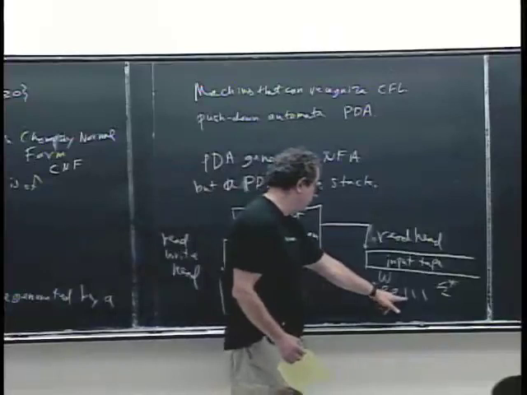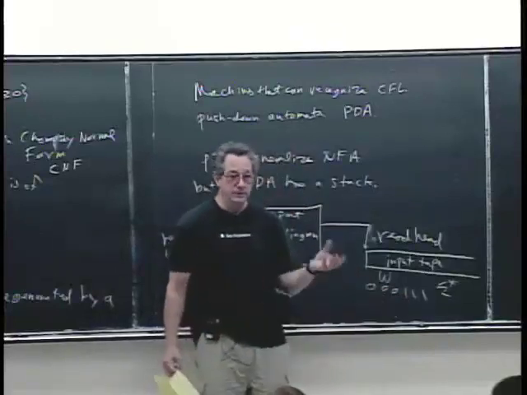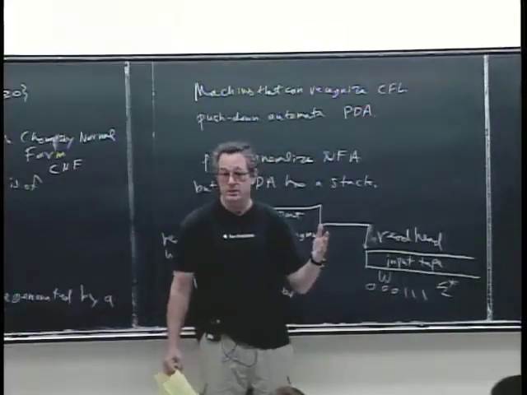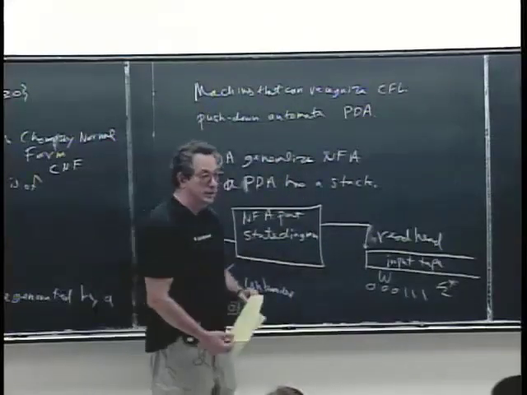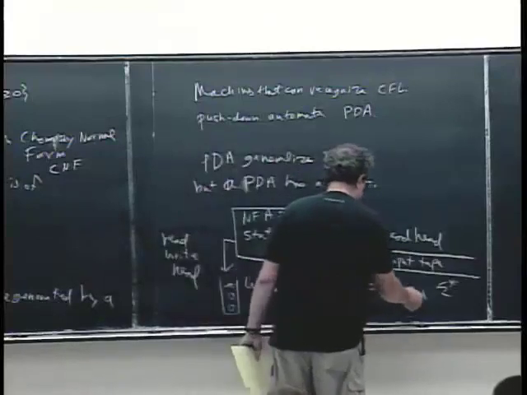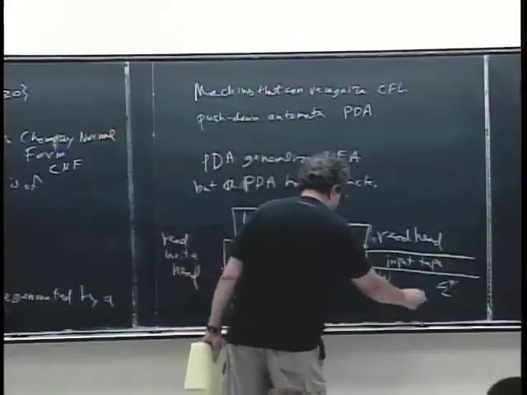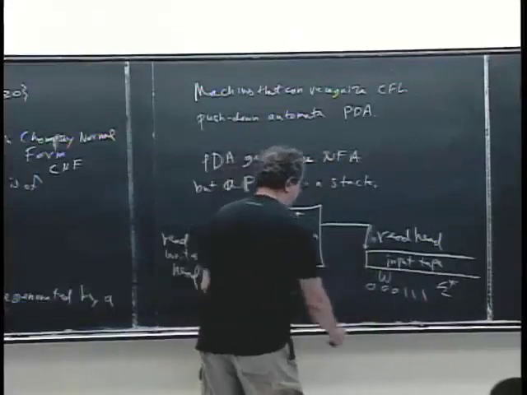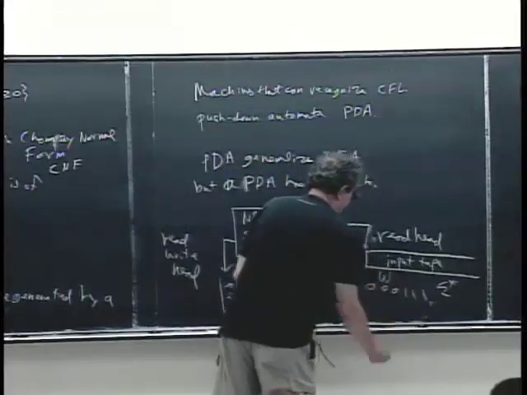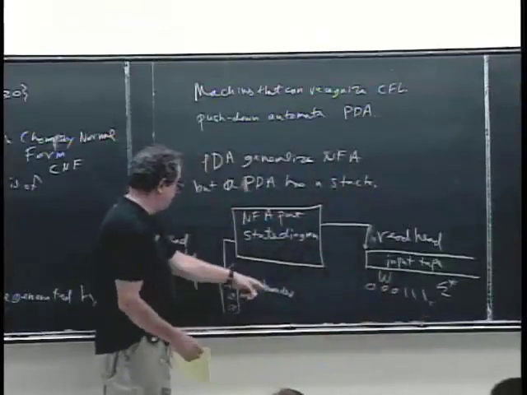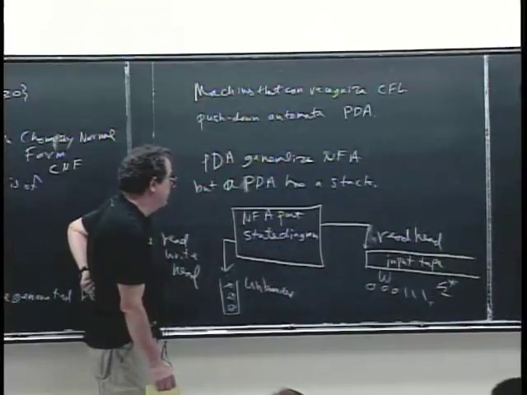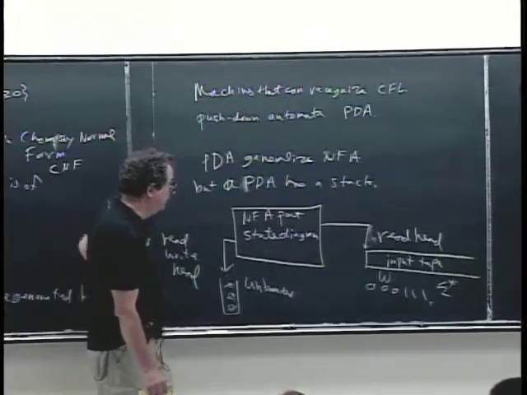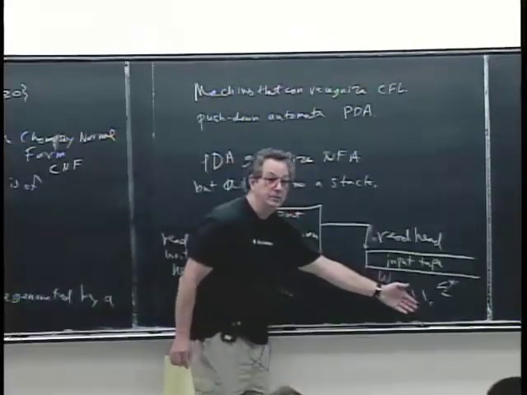And then if it hits a 1, it goes into another state which says, now I'm reading 1s, and every time it reads a 1, it pops the stack. Okay? It pops every time it reads a 1, and when it gets to the end of the input, again, in a normal DFA, if you're in an accept state and you have consumed the input, then you accept.